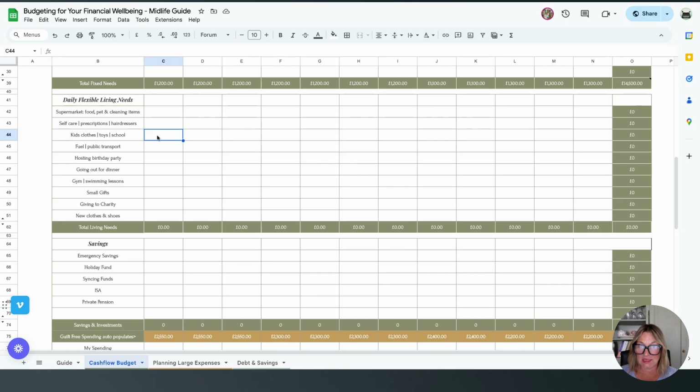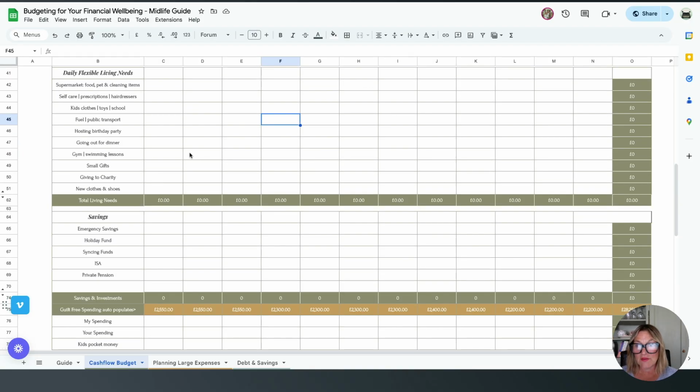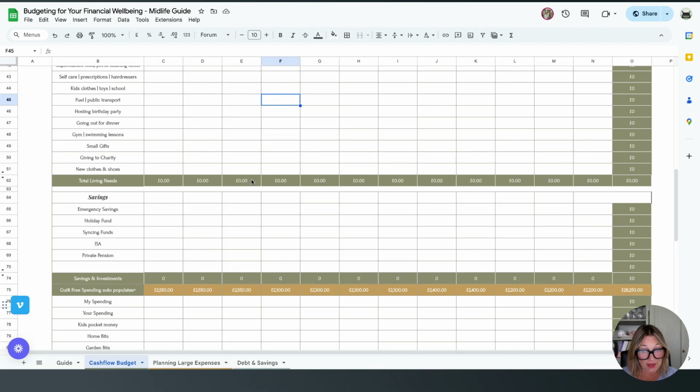This is completely obviously up to you. Some people like to do this, say, no, I'm not spending anything here, and have a list of zeros. This kind of makes my eyes go funny. I would prefer to see completely blank cells than data in it if there doesn't need to be any. So again, whatever floats your boat, do your thing. So your total daily flexible living needs will populate through here.